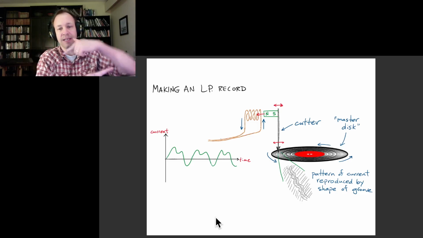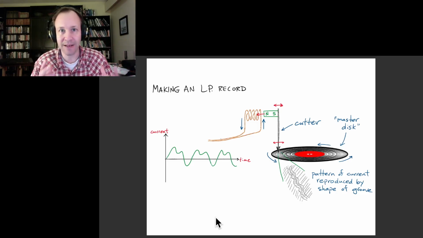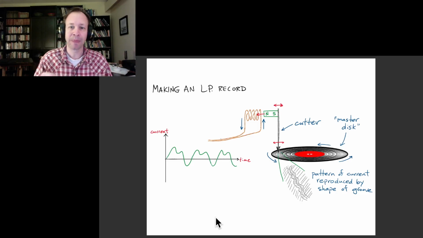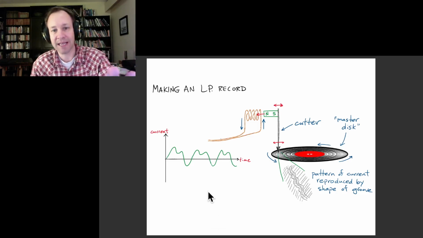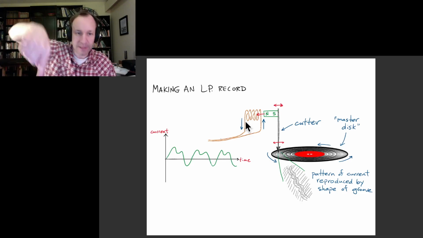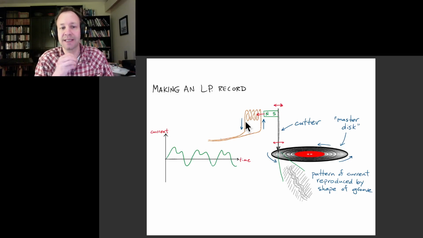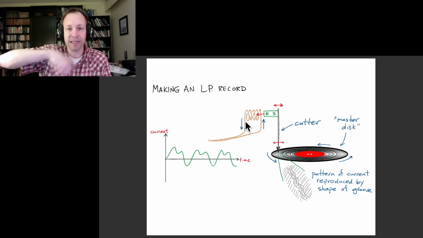So what you do is you take the disc and have it rotate around at a certain rate, usually 33 1/3 times per minute. If you didn't supply any current to this coil, the cutter would just make a smooth groove in a spiral pattern. But because we're sending in this current and the magnet is moving back and forth a little bit, the cutter also moves back and forth a little bit as the disc rotates around.